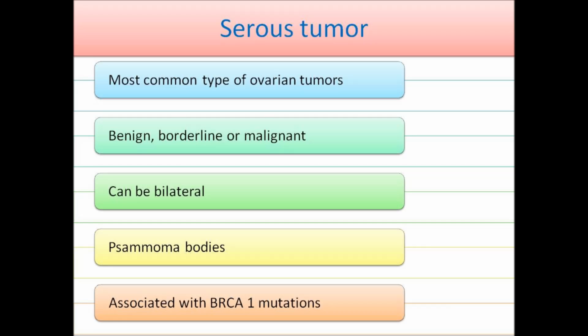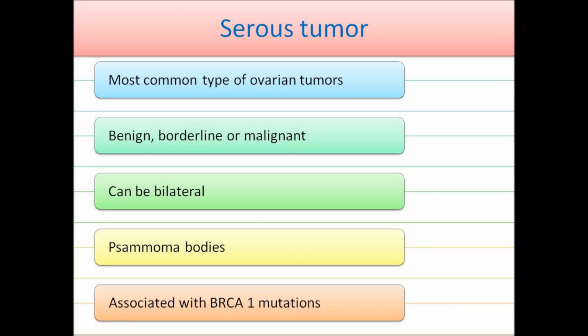The malignant is called serous cystadenocarcinoma, because these tumors are usually cystic. Serous tumors also can be bilateral in a significant percent of patients, and the malignant types undergo dystrophic calcification, which results in the formation of what's called psammoma bodies. This is an important pathological point.